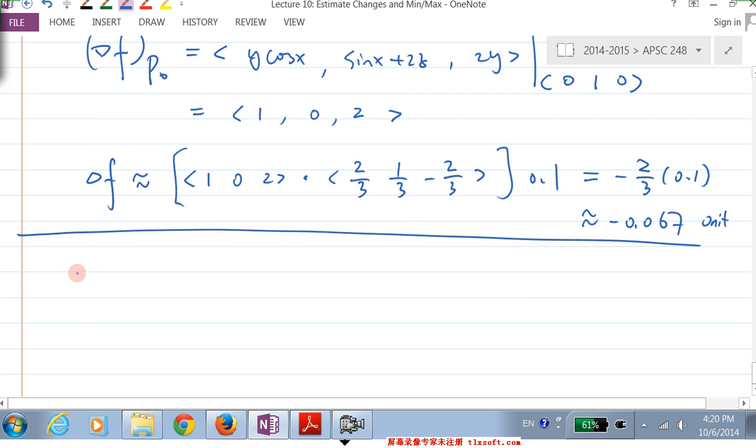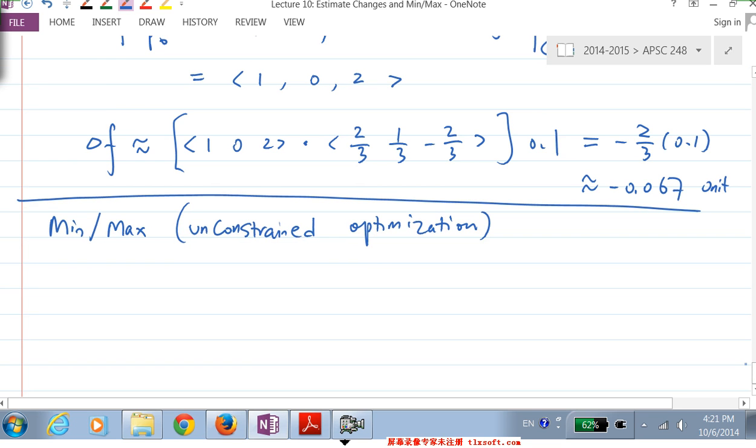Okay, so now we move on to the next bullet point, which is min and max. Sometimes I call it unconstrained optimization. There's more to unconstrained optimization, but anyway, it's the first step of that: the min and the max of a certain function f.